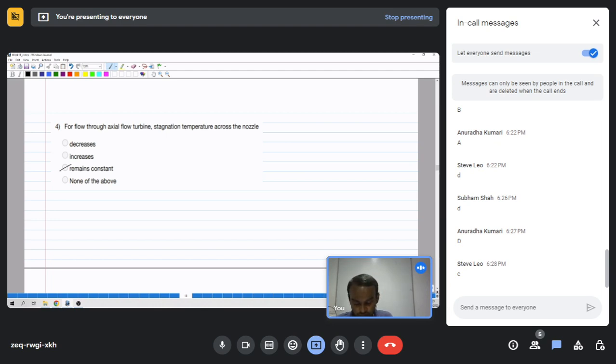Yes, remains constant is correct, because through a nozzle there is no external work done and there is no enthalpy added to the fluid, so that means the stagnation temperature will be constant.